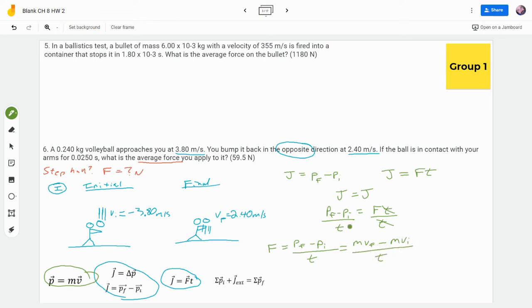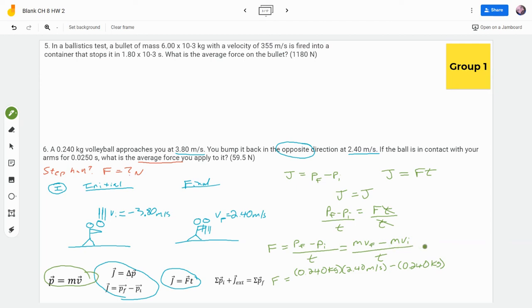So at this point, again, I want F. I know all of these numbers. I know M, V final, M, V initial, and I know T. So I just got to put in the numbers. So F is equal to, I could factor out the M. That might save me a little bit of calculator work, but not enough to make it worthwhile. That's mass times V final is 2.40 meters per second, and it's up, minus M, 0.240 kilograms.